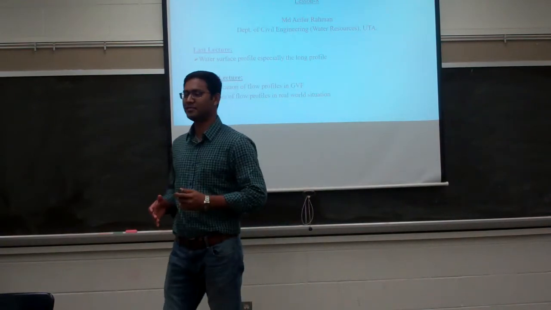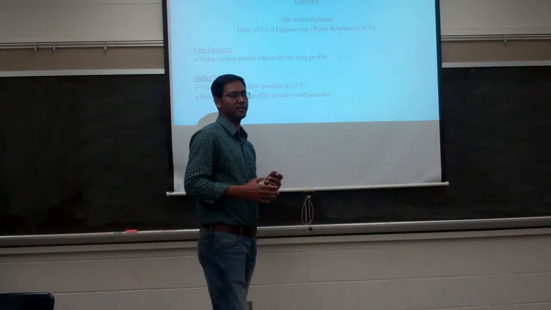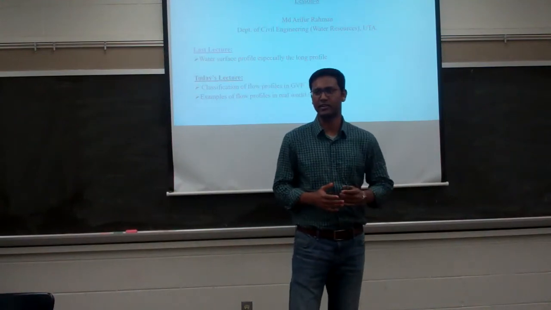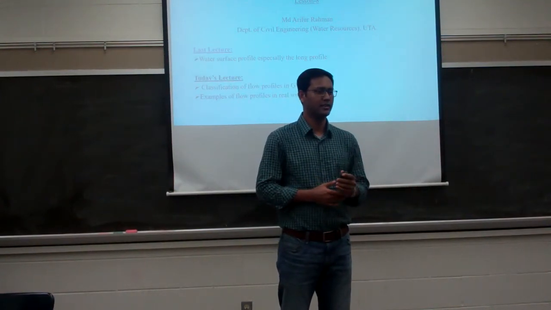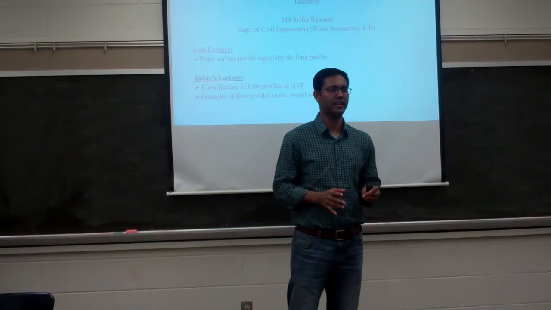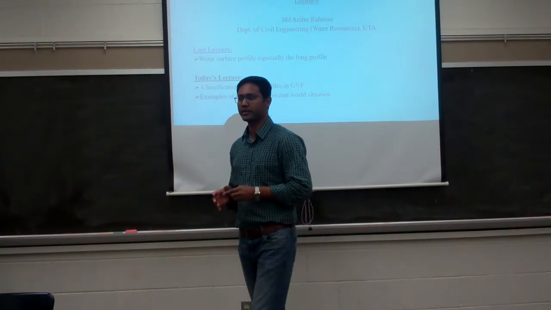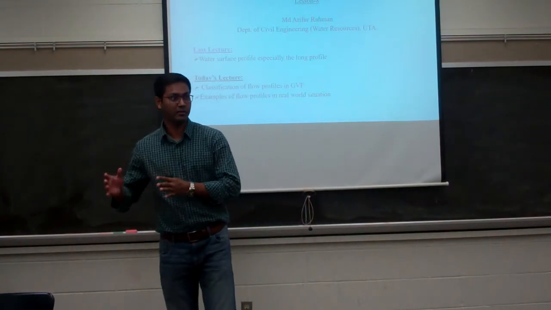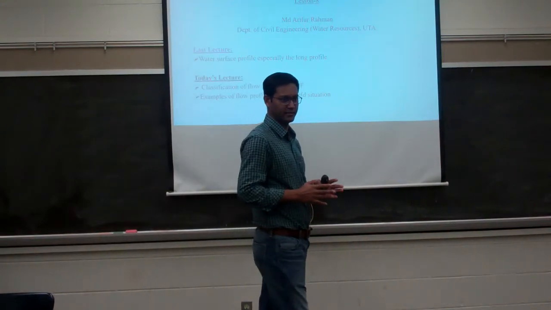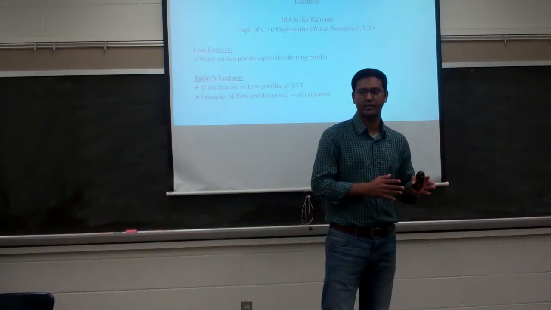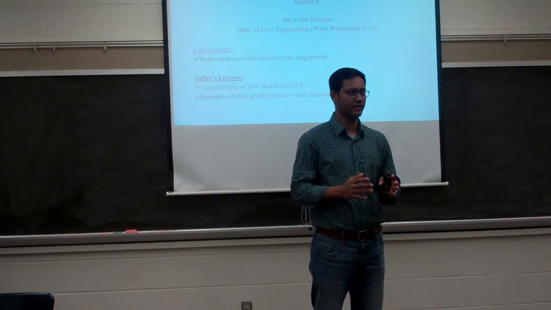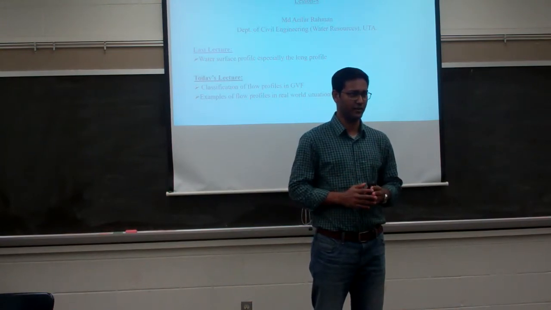So in this term, so far we are just learning about open channel flow, right? So far we know the definition of open channel flow, the classifications of open channel flow, and how we can calculate the uniform flow, critical flow, and all other things, right? And at the end, we started learning about gradually varied flow.